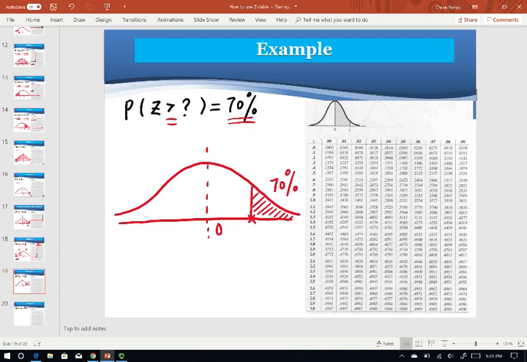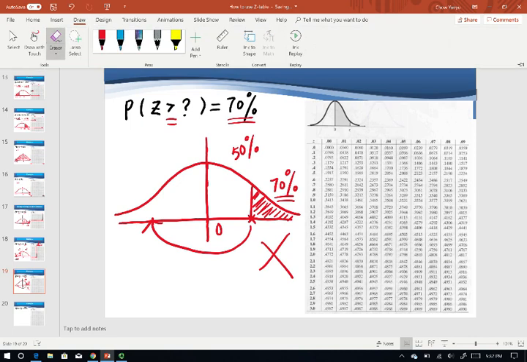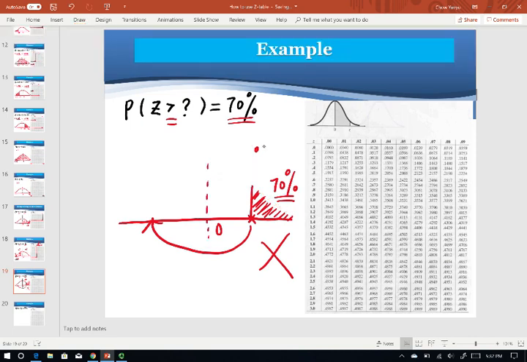But from our common sense, it's impossible because this is half, 50%. How could this small area be 70%? So this is impossible, which means the z-score should be on the other side. You can try yourself. So the z-score should be on the left side.